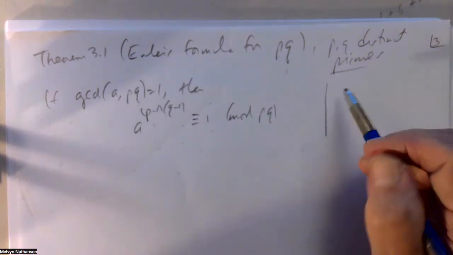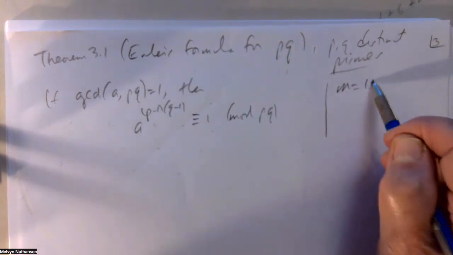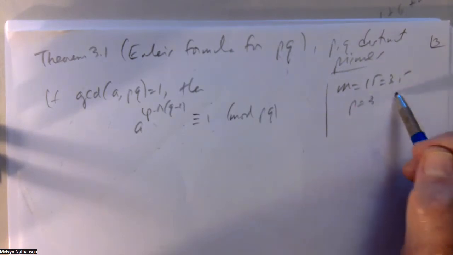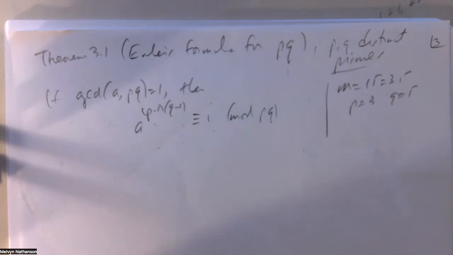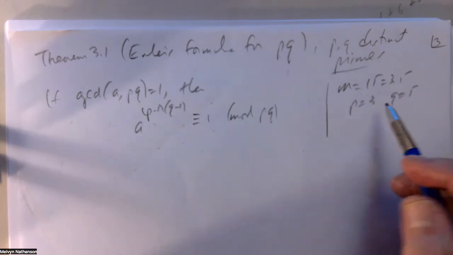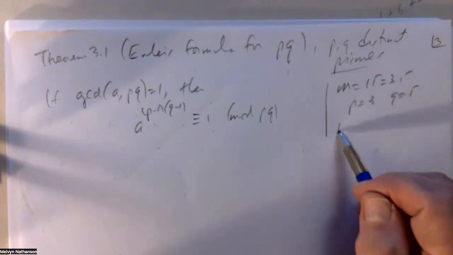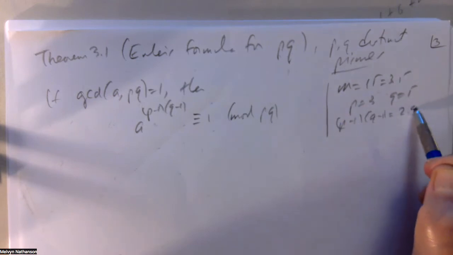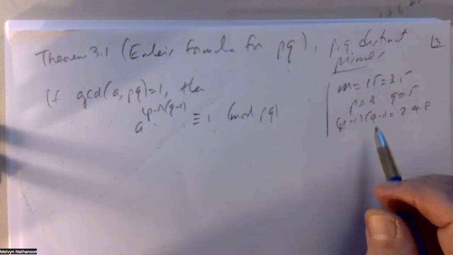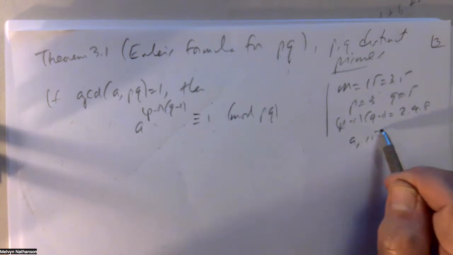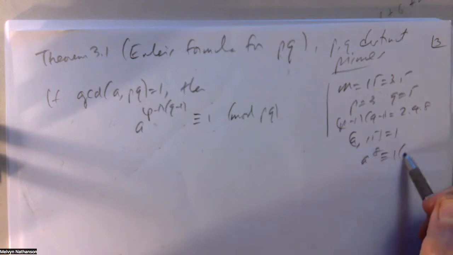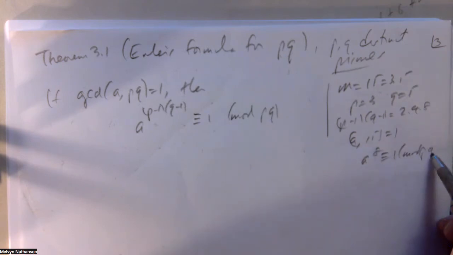So for example, if m is 15, which is 3 times 5, so p equals 3, q equals 5, m is a product of these two prime numbers. So p minus 1 times q minus 1 is 2 times 4, which is 8. So this would say that if a and 15 are relatively prime, then a to the 8th is congruent to 1 mod pq.